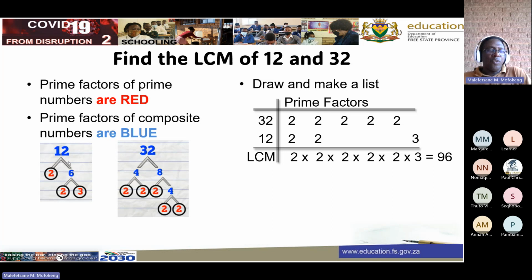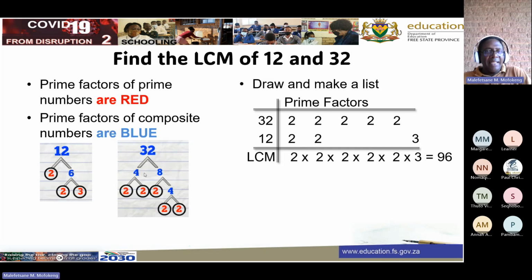And the composite factor of 12 is 6, it is blue. And for 32 we have 4 and 8, because 4 and 8 are composite numbers as they have more than 2 factors. And then when you divide, 2 goes into 4, 2 times. Now the red ones are the prime factors of 4 and 8.